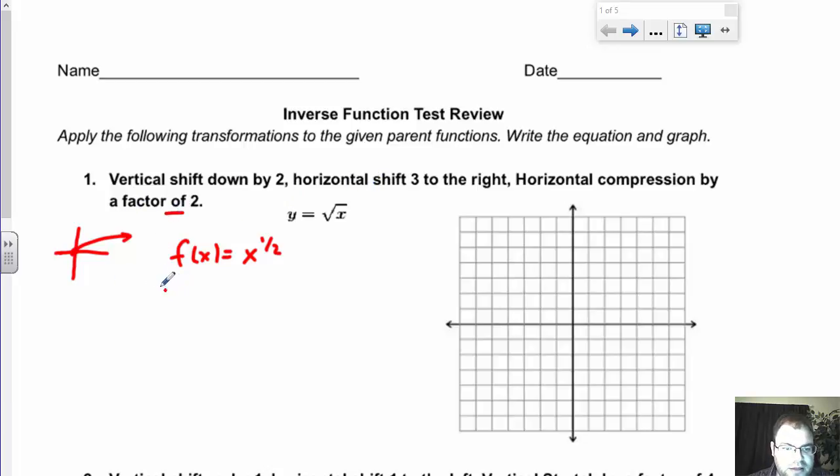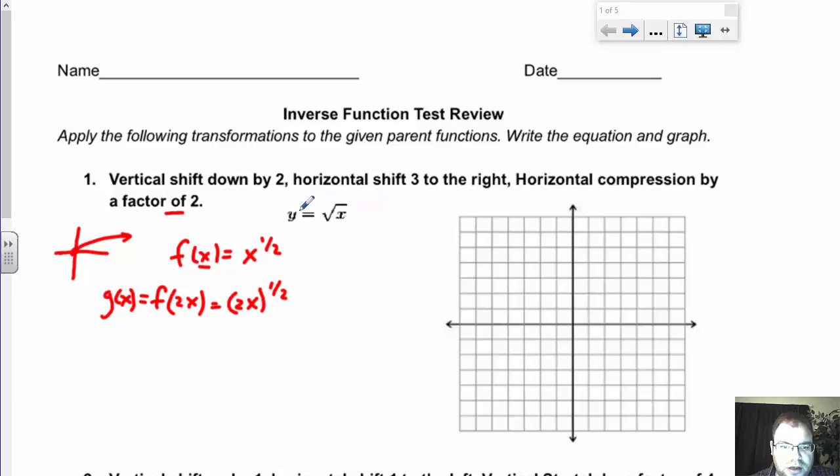That's a transformation inside the parentheses, so we change this x into 2x. This is going to be 2x to the power of a half, and I'll call that g of x. g of x is f of 2x.